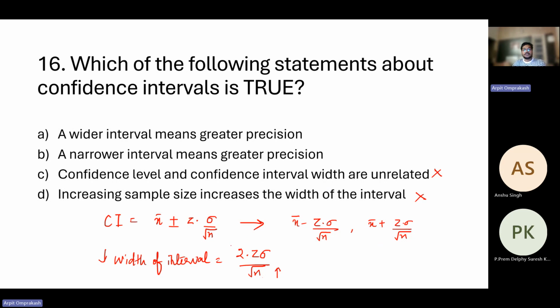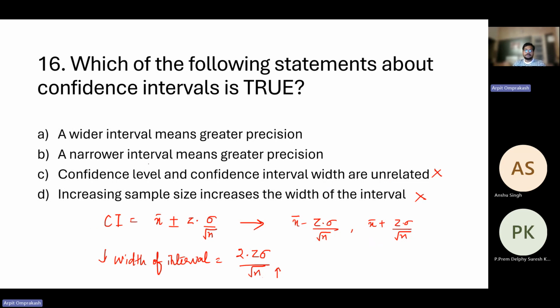So the width you get for a 95% confidence interval will be different than the width for a 99% confidence interval, because the Z value changes according to the confidence level, or the percentage that you put here.